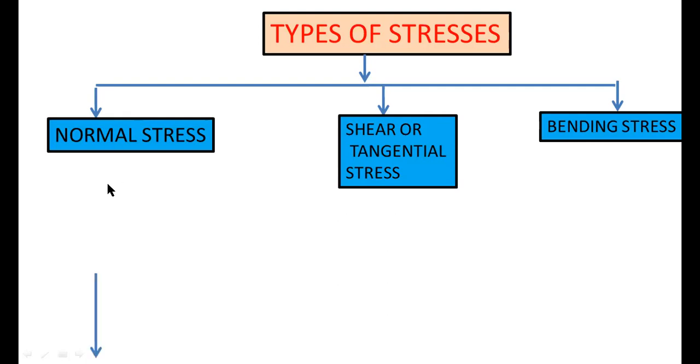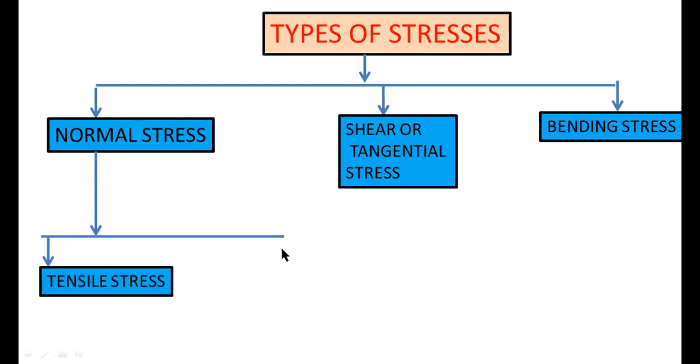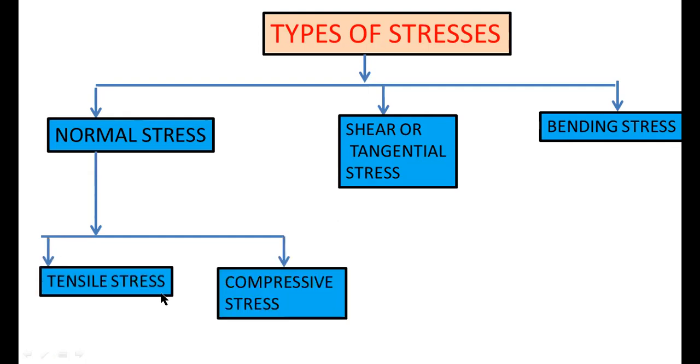Normal stresses are again classified into tensile stresses and compressive stresses. Tensile stresses are formed by tensile or pull loads. Compressive stresses are formed by compressive or push loads. These four, tensile, compressive, shear and bending stresses, are important from our subject's point of view.